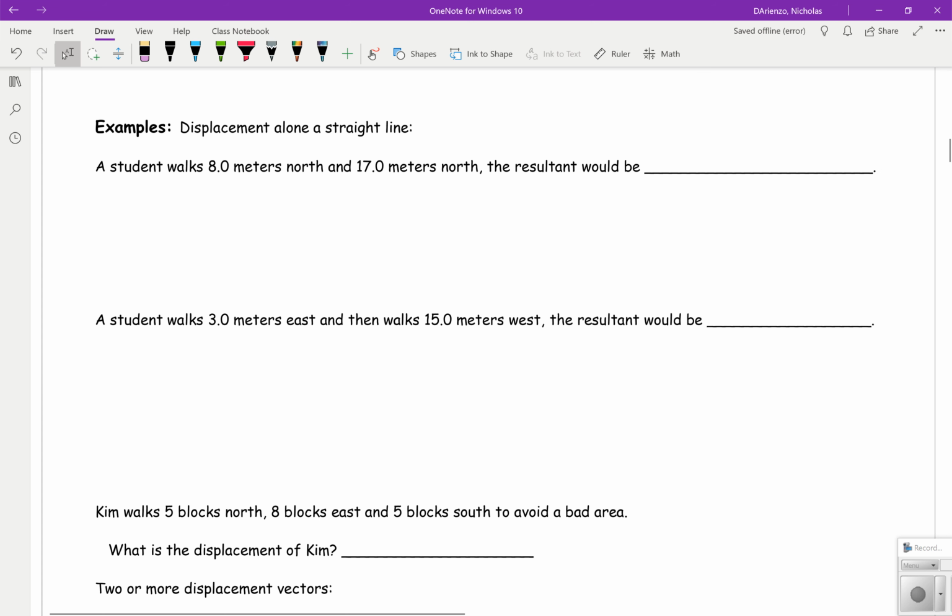And I'll show you a couple examples of this. So we have a student that's going to walk 8 meters north and 17 meters north. We'll figure out what the resultant would be, or the result of the combination of different vector quantities.